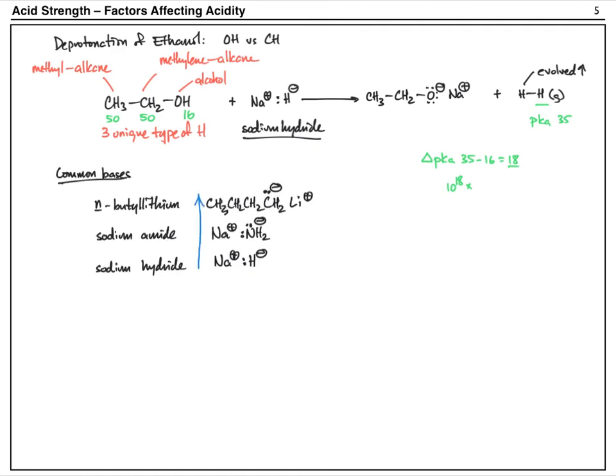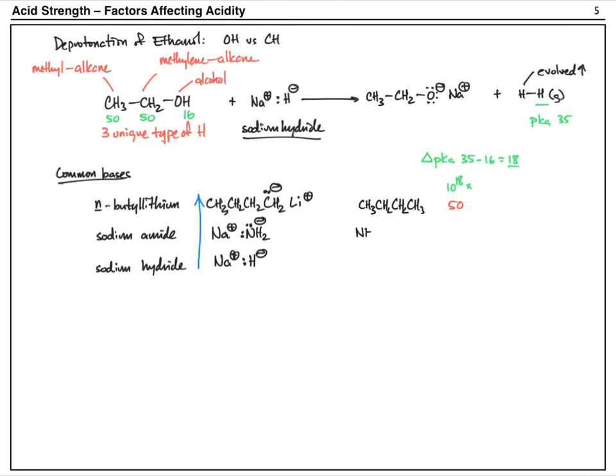So base strength increases in that trend because if we look at the conjugate acids and their associated pKa's, we saw that was 50.